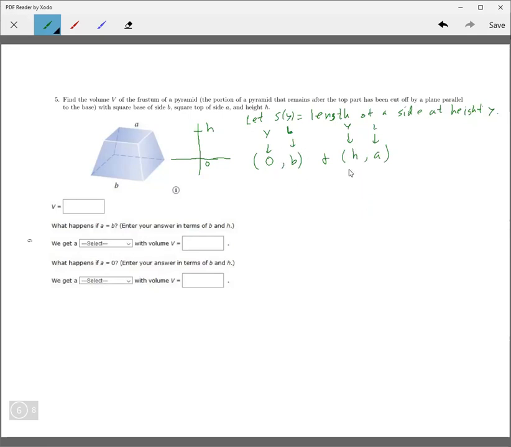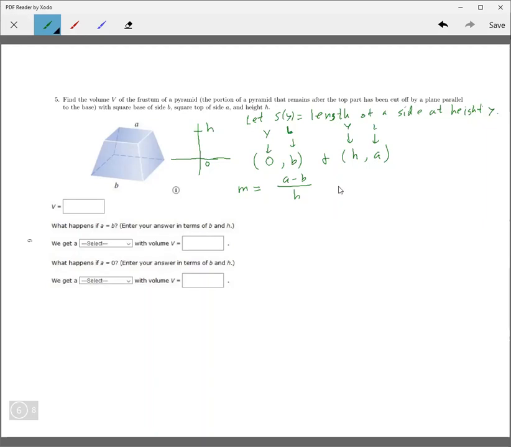So what I'm going to do is calculate the slope of the line segment that joins these 2 points. So it would be a minus b over h minus 0. Okay, and so to speak, if this was x and y, then b would be the y-intercept.